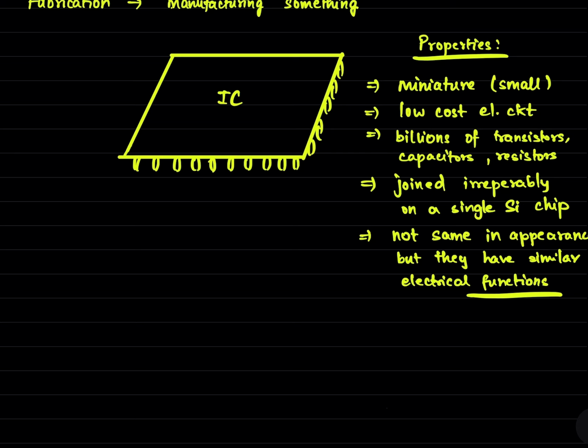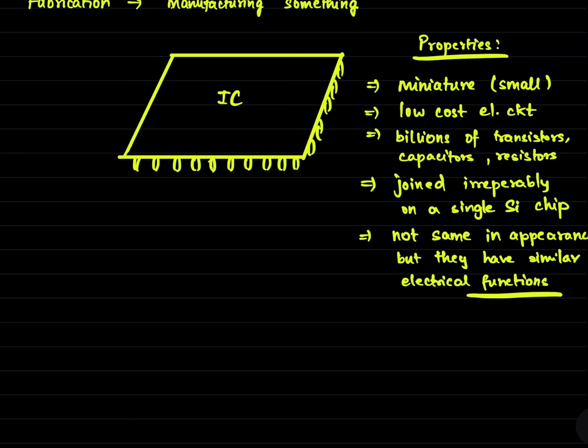These are the basic questions. Both metal oxide semiconductor (MOS) transistors and bipolar transistors are introduced in this chapter: how an MOS transistor is created and how a bipolar transistor is fabricated, and so on. This is the basic outline of what we are going to study in this chapter.